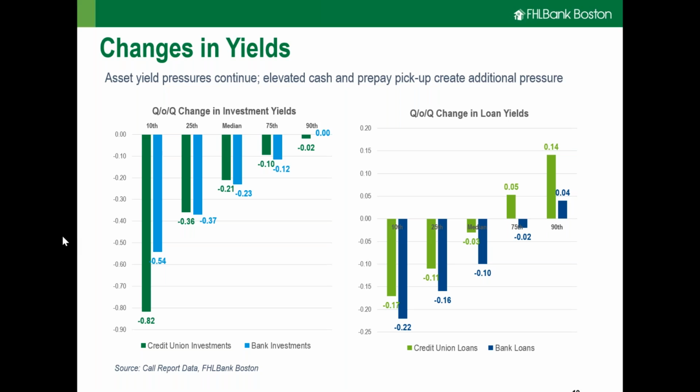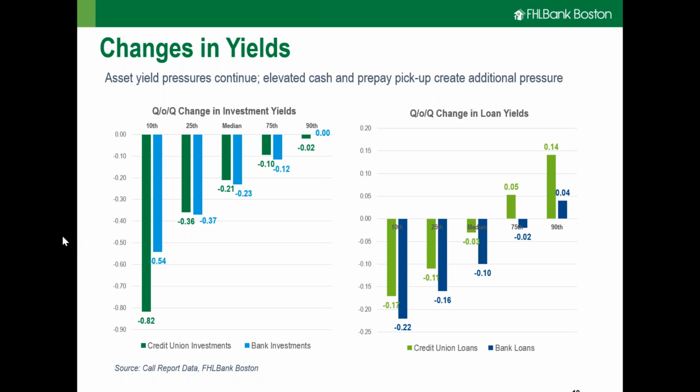Because going back to those elevated levels of cash, normally, if there was some more attractiveness in the normal investment options, those would have been redeployed. So that would have led to a greater decline in those investment yields. Looking at the loan side of things, credit unions were a little better at preserving yield.